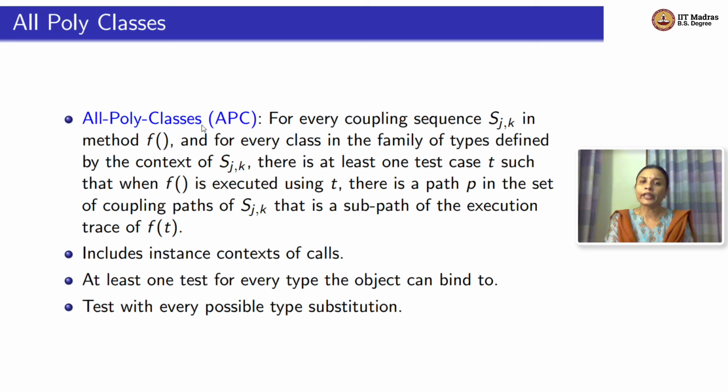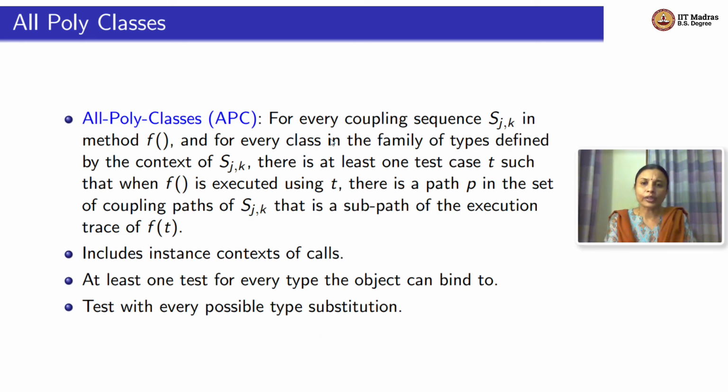Next is all poly classes. Here, if you look at the last 3 bullets, it includes the instance context of the calls. At least one test for every type the object can bind to is tested, and it tests with every possible different type substitution that can occur.